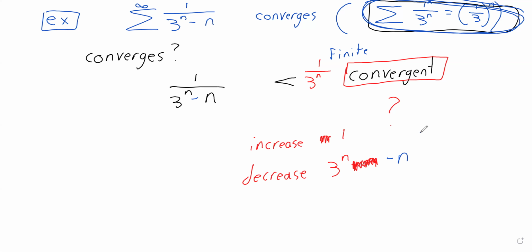It makes it go in the wrong direction. And sometimes you can try to be clever or do something cute. Most of the time, if there's not a very obvious comparison to make, it's probably a sign that you want to try a different test. There are ways to deal with 1 over 3 to the n minus n that are not going to be a headache.